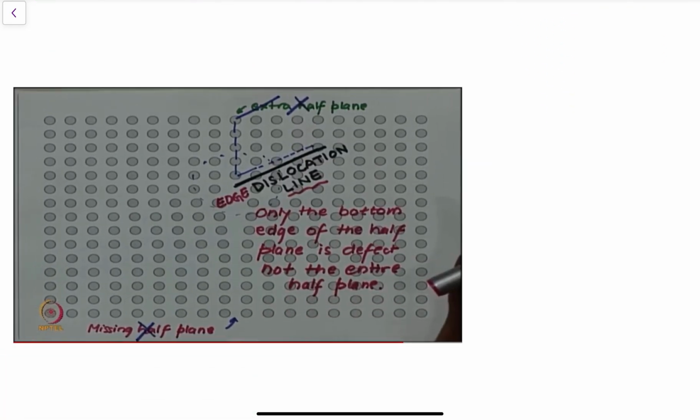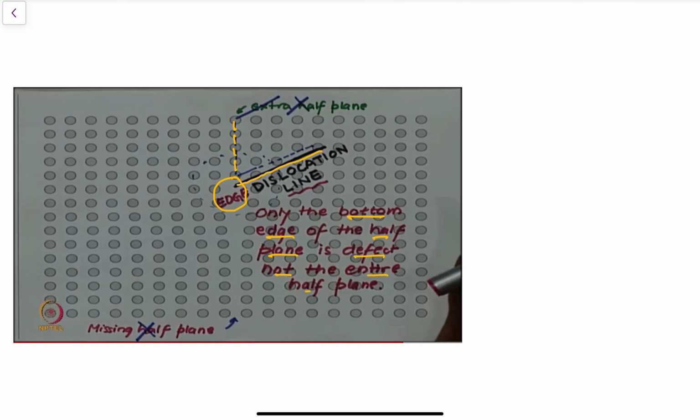In this picture, I have drawn this. You can see this is your half plane, and the missing area is this one. So you can draw this as a line, meaning that into the paper a line of atoms is missing. So only the bottom edge of the half plane is the defect, not the entire half plane.